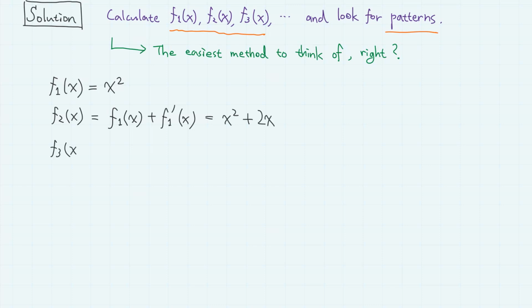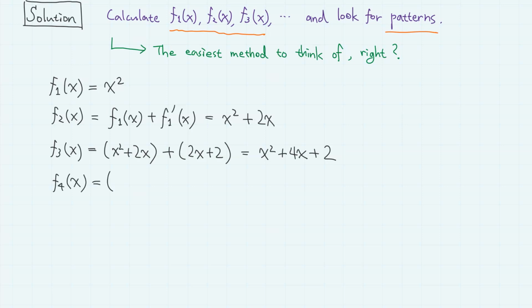And f_3(x) is f_2(x), so x squared plus 2x, plus its derivative f_2'(x), so 2x plus 2, which gives x squared plus 4x plus 2. And f_4(x) is f_3(x) plus its derivative, 2x plus 4, so we have x squared plus 6x plus 6.